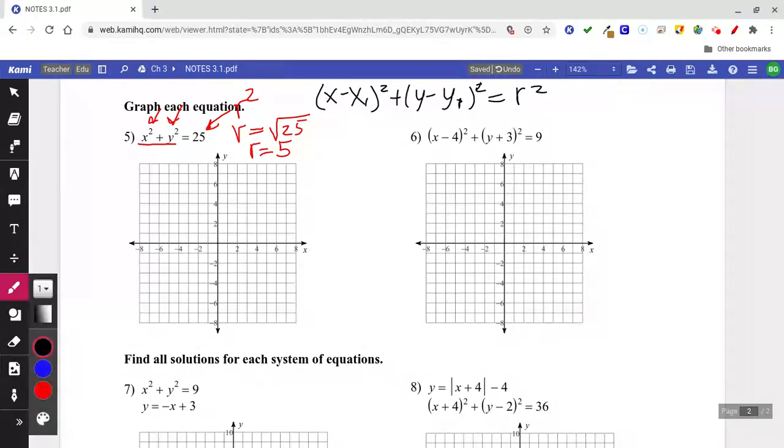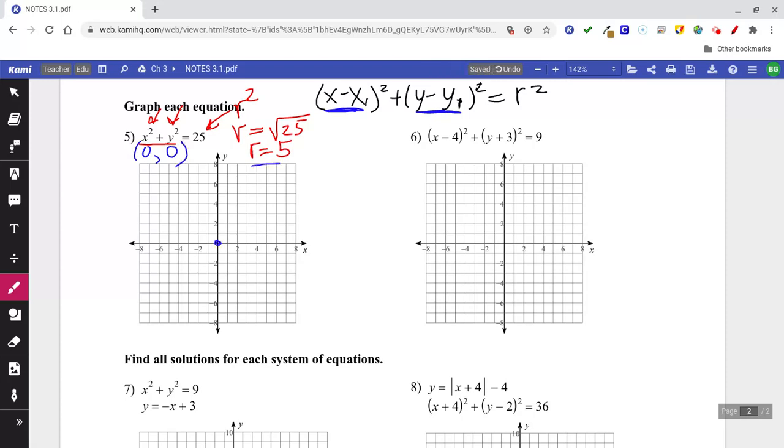But what we'll do is kind of what we did with parabolas and absolute values and think about transformations, shifting left or right or up or down. It turns out that this x is shifted 0 and this y is also shifted 0. And so the center of the circle is (0, 0).